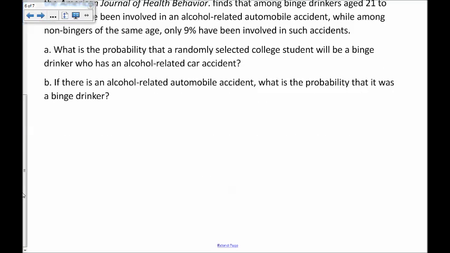Okay, so starting off here, I'll move this down a little bit so I have some more space later. These are my binge drinkers, these are moderate, and these are ones like me who abstain.